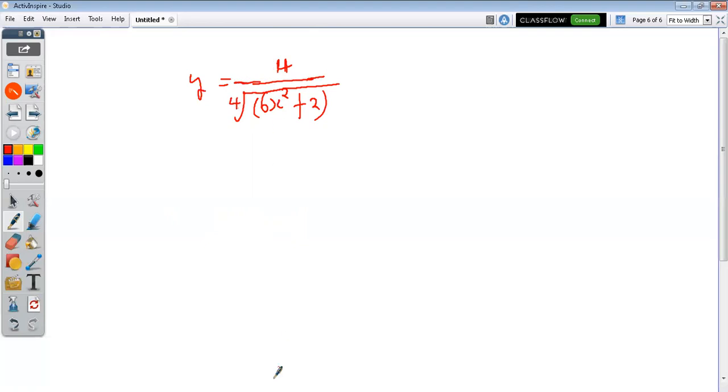Okay. So again, we need to rearrange this. So this is y is equal to 4 brackets 6x squared plus 2 to the power of minus 1 over 4, the fourth root. Clear? Because otherwise, if you are not able to do this, then you won't get it correct.